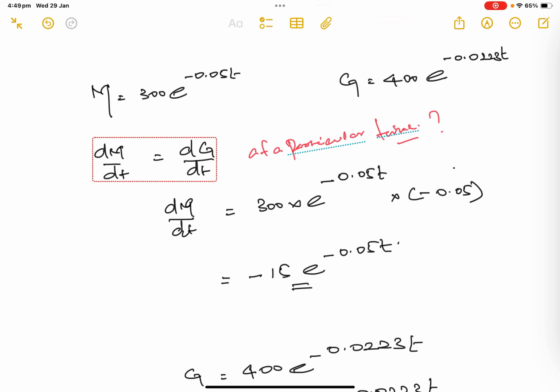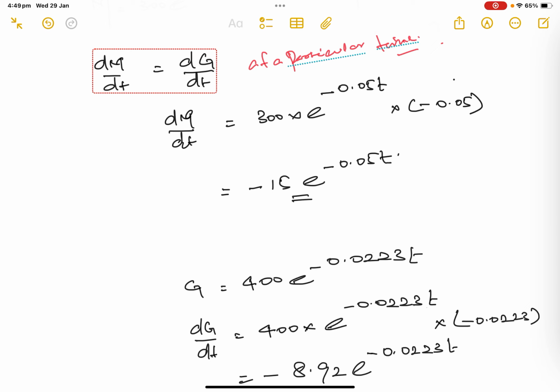The differentiation of minus 0.05t is minus 0.05, so I took the minus to the front, and 300 times 0.05 is 15.